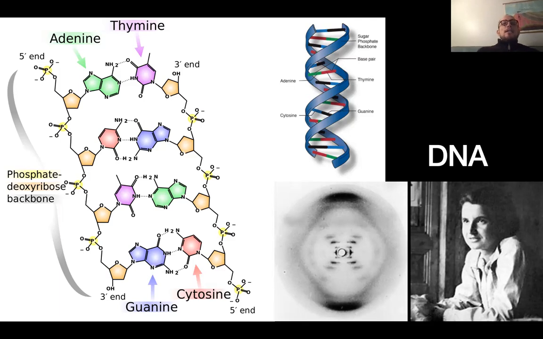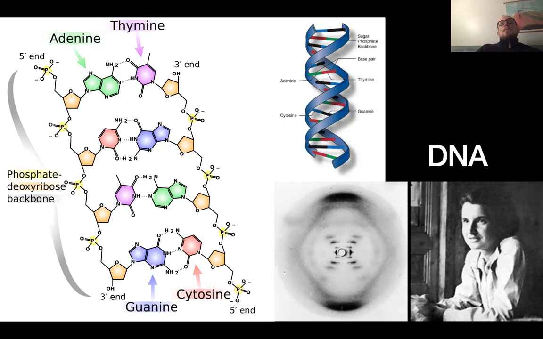And the nucleic acid refers to the different bases, there are 4 of them listed here, that can attach to that sugar. And the different bases are made out of nitrogen and carbon and hydrogen and oxygen, and you can see what they look like here. They have different names: adenine, thymine, guanine, and cytosine.